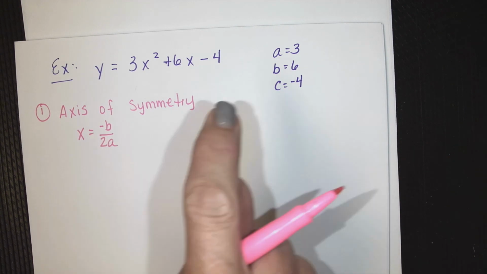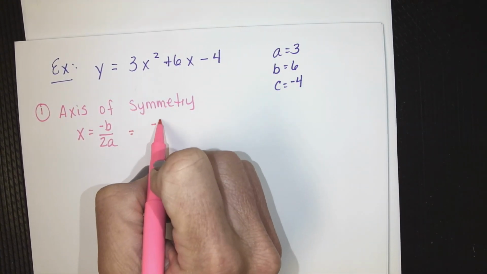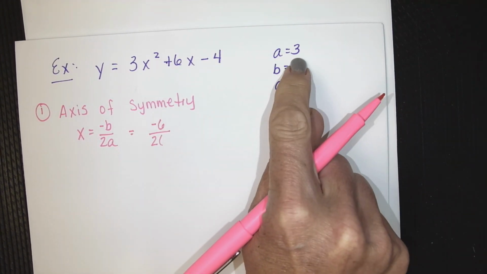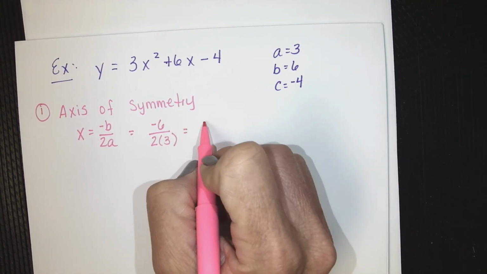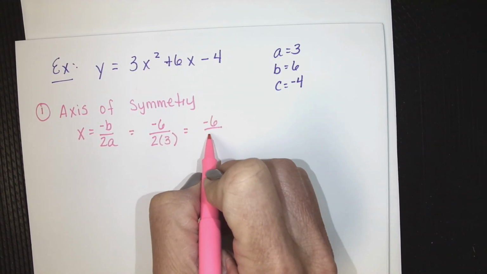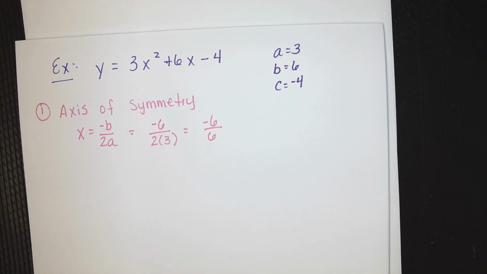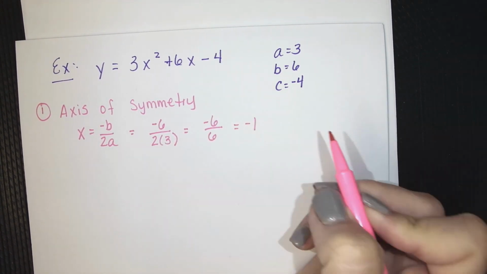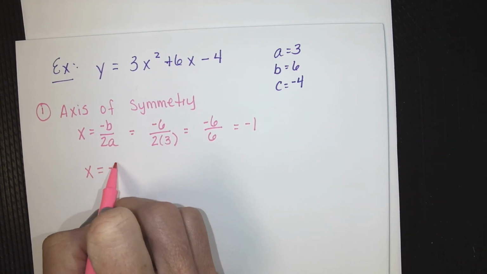So what is b now? 6, so it's going to be -6 over 2 times a, which is, what is a? 3. So you're going to simplify that. 2 times 3 is what? 6. Simplify, -6 over 6 is simply what? -1. Now, on your IXL, you're going to say x equals -1.